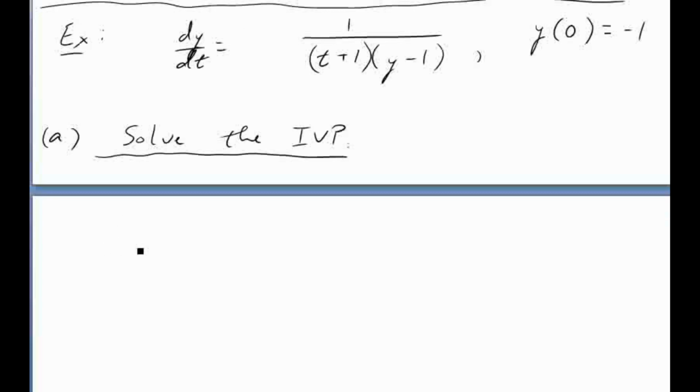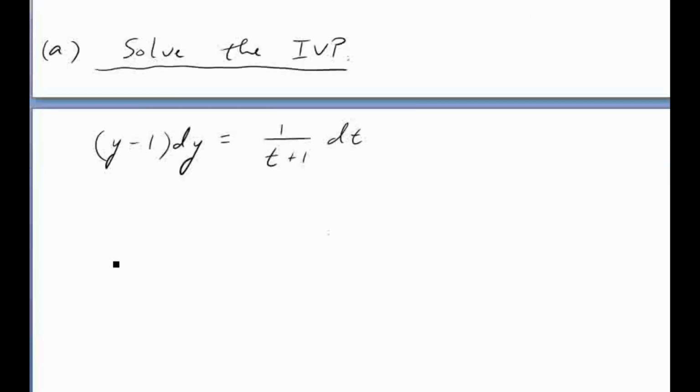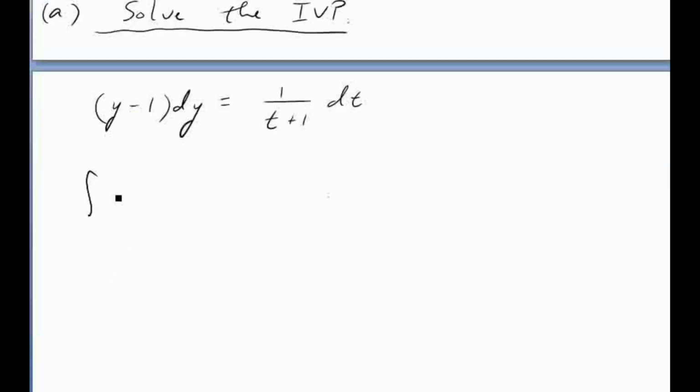So let's just see what the algebra and calculus would lead us to for this one. So we do the usual do-si-do, and we get (y minus 1) dy on the left, and on the right we just multiply by dt. We have 1 over t plus 1 dt. And then we make those into integrals, and we go from there.